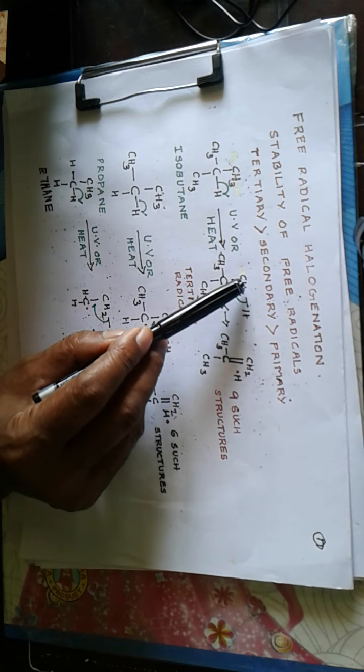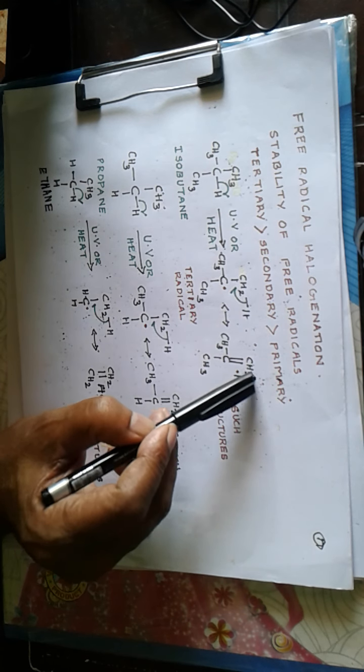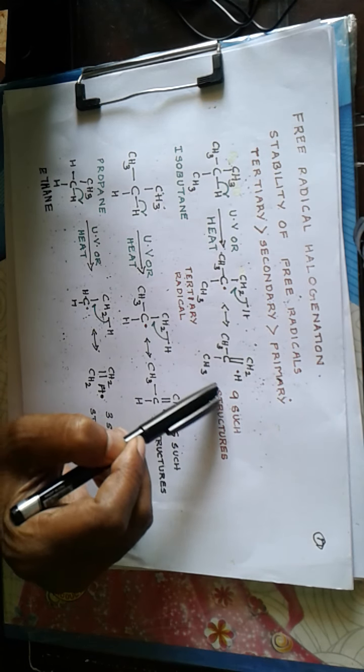Now this carbon will possess a p orbital with one electron, and again this carbon is possessing a p orbital with one electron. These two orbitals are mutually parallel, so that they will overlap to form a pi bond, and this H radical will be in combination with this system as a whole.